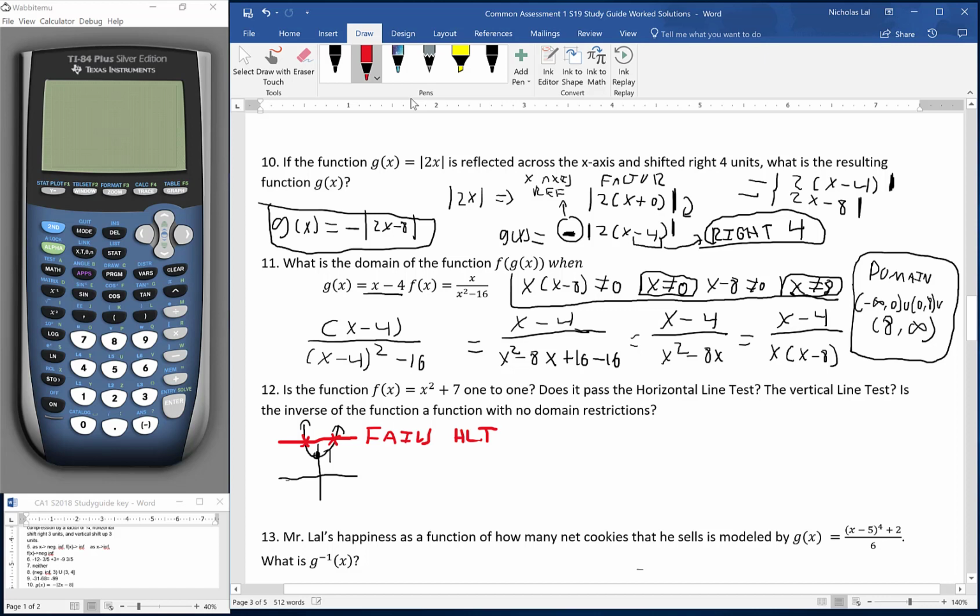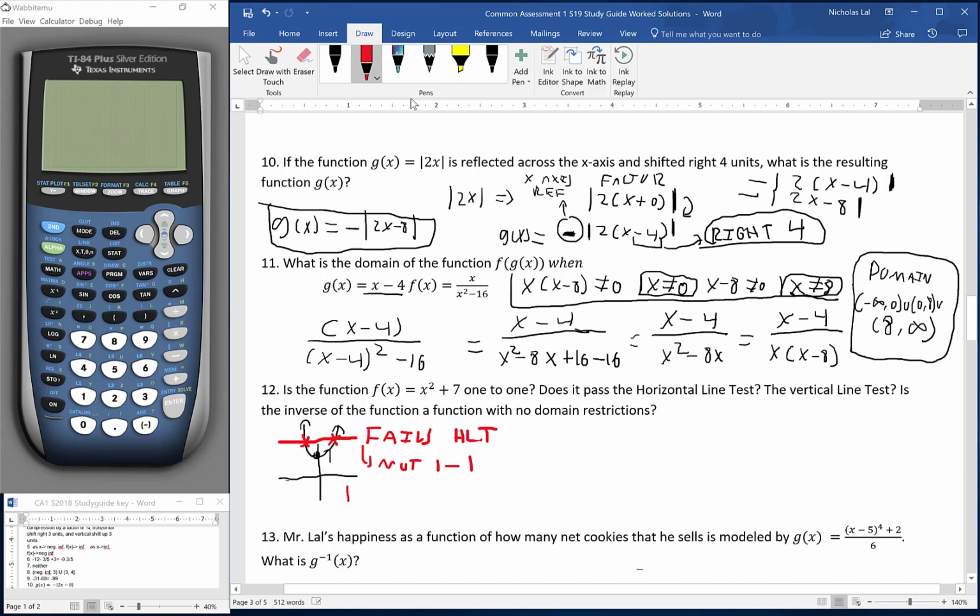And because the function fails the horizontal line test, that means the function is not one to one. It fails the horizontal line test because a horizontal line can pass through the function and touch it in more than one place. Because the function fails the horizontal line test and is not one to one, that also means that the function with no domain restrictions does not have an inverse that is a function.